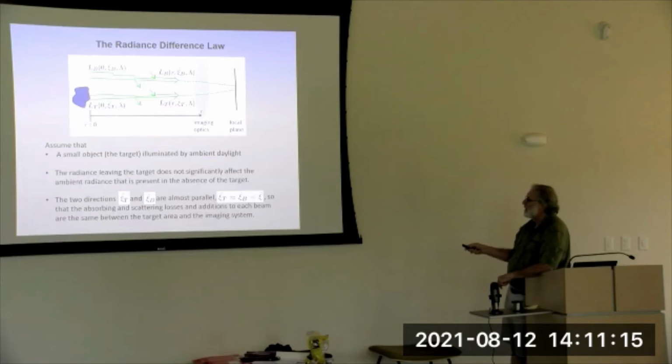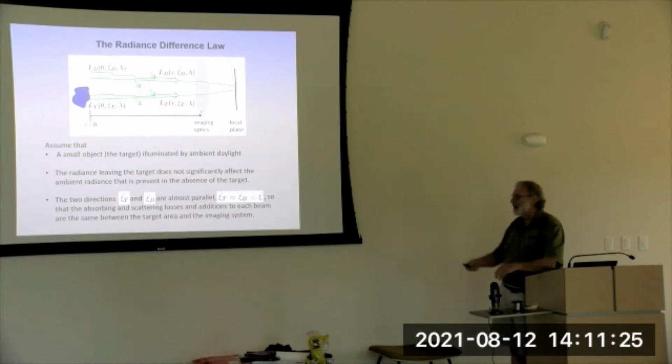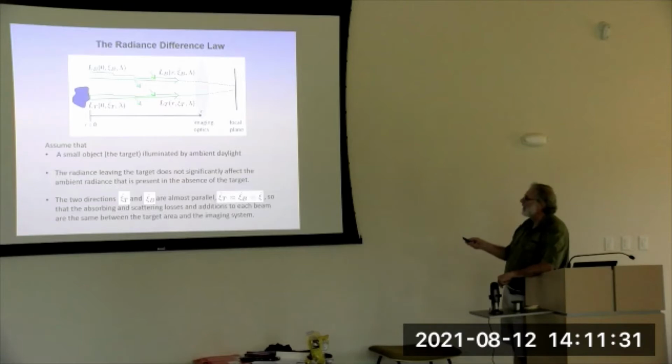The target here is illuminated by the ambient sunlight, and the radiance reflected off of this target doesn't change the surrounding ambient light field significantly. And then these two directions, the C from the target and the C from the background, those are basically parallel directions right next to each other.